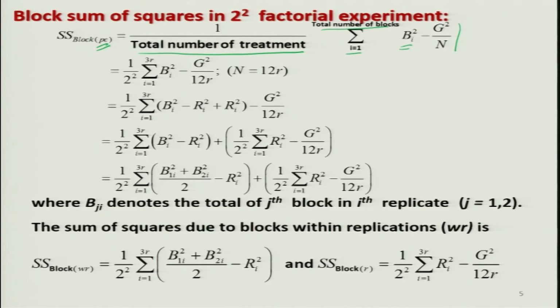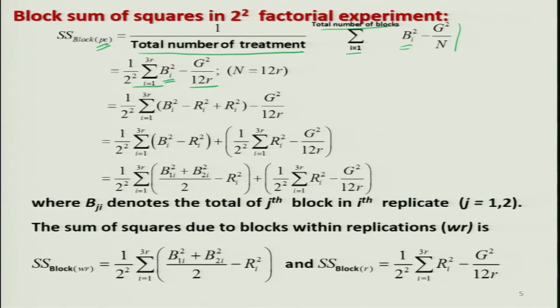So, how many blocks are here? 3r, right. So, this will become 1 upon 2 square, summation i goes from 1 to 3r, B_i square, minus G square upon 12r, because there are altogether these many observations available.